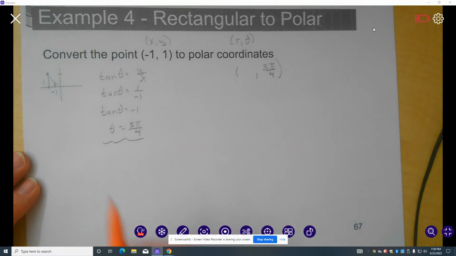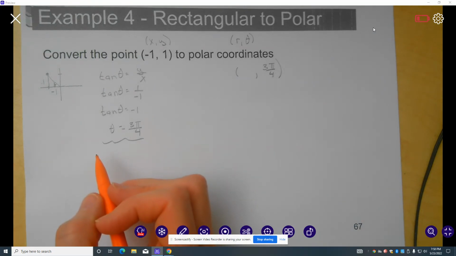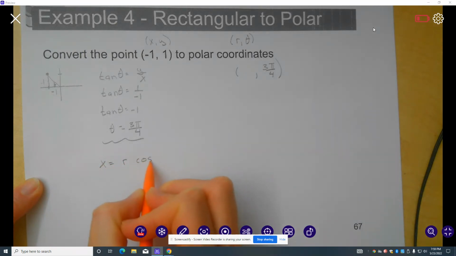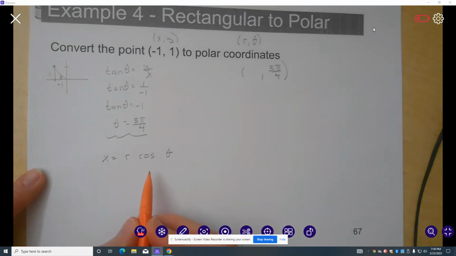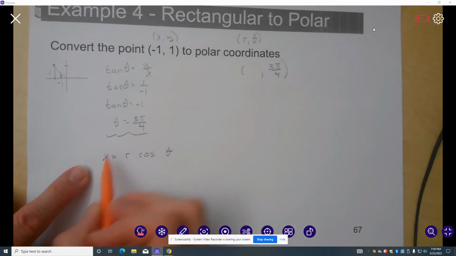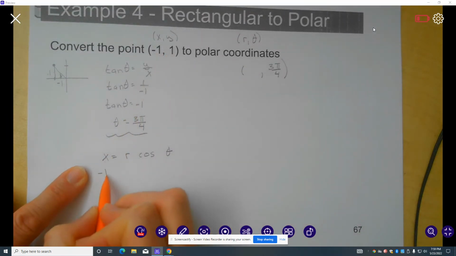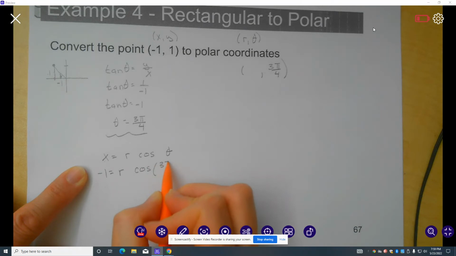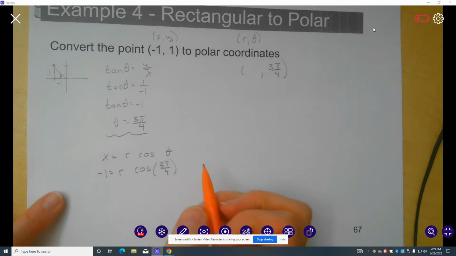So I normally find my r by using one of these formulas. So x is equal to r cosine of theta. I know what x is. It's -1. R is what I'm finding, and I know what theta is. Theta is 3 pi over 4.